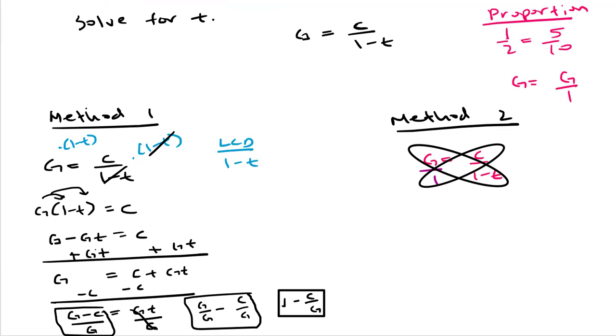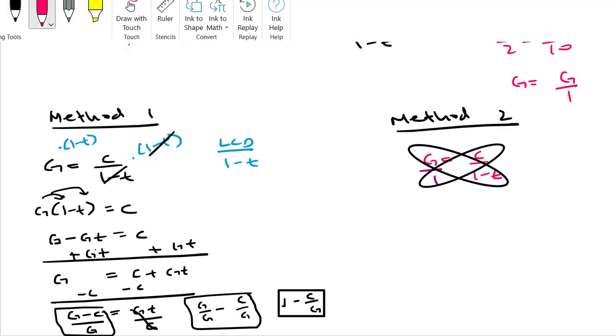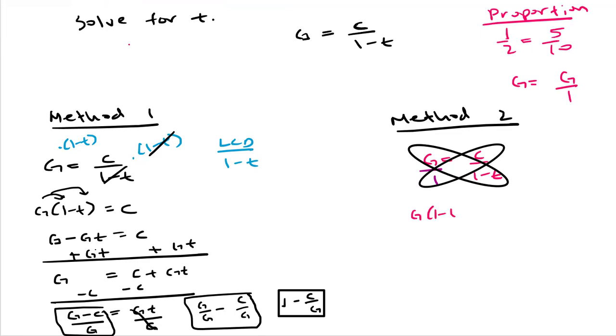Okay. So that leaves us with G times 1 minus T equals C. And the rest is the same as we did on the left side for method 1. We go through the same format. The only difference between method 1 and method 2 is how you approach the first step.